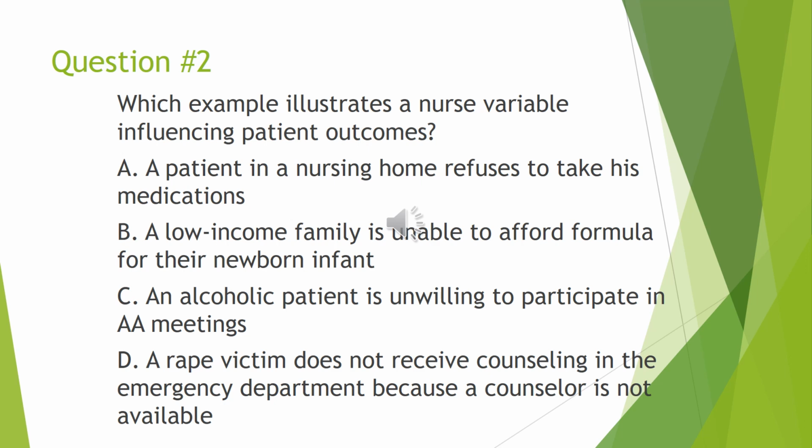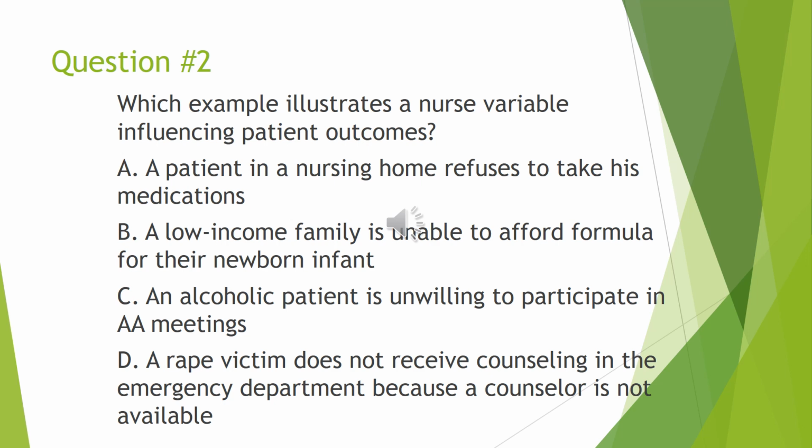So these two answers likely will be canceled out immediately anyway from our test taking strategies because we have a refusal and a refusal, and we know there's only one right answer. So even if we did not realize they were patient variables, we can then say they are both refusing, we're eliminating them, we're stuck with these two answers, B and D, and then we can choose from the best, and we have a 50-50 chance of choosing the correct answer.